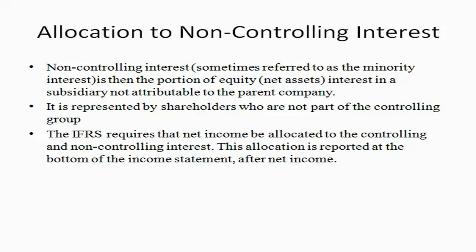It is represented by shareholders who are not part of the controlling groups. The IFRS requires that net income be allocated to the controlling and non-controlling interests. I must make an allocation to both. This allocation is reported at the bottom of the income statement after net income.